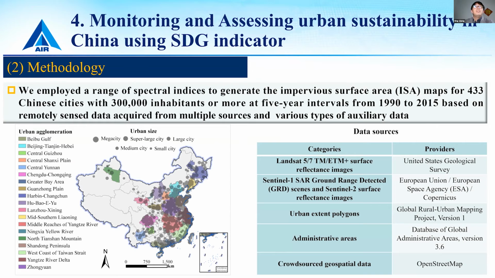We employed a range of spectral indices from remote sensing to generate these ISA maps for 433 Chinese cities. Many of them are remote sensing data, such as Landsat 5, 7, and Sentinel-1 synthetic aperture radar image, and also surface reflectance images, and some urban extended polygons, administrative areas, and the crowdsourced geospatial data, such as the OpenStreetMap.